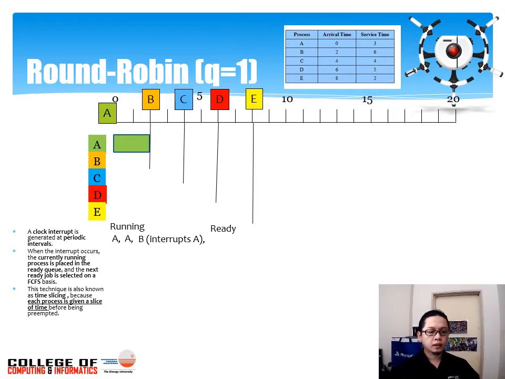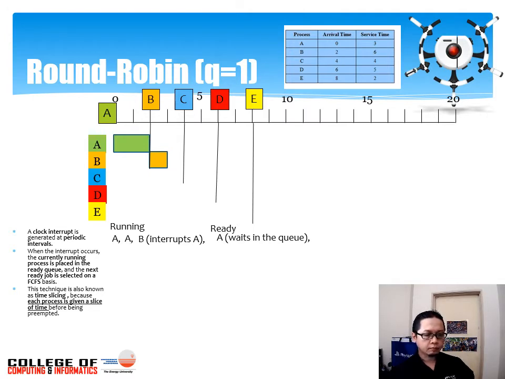Because A was interrupted, A is moved into the ready queue, so A waits in here. What happens next? B executes because it has interrupted A and A needs to wait.